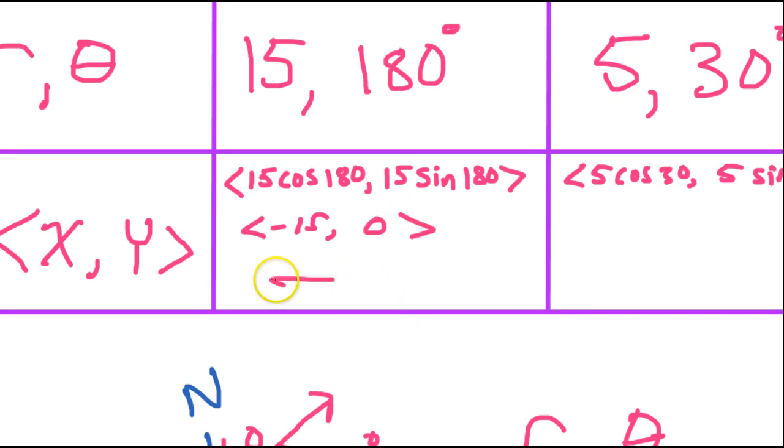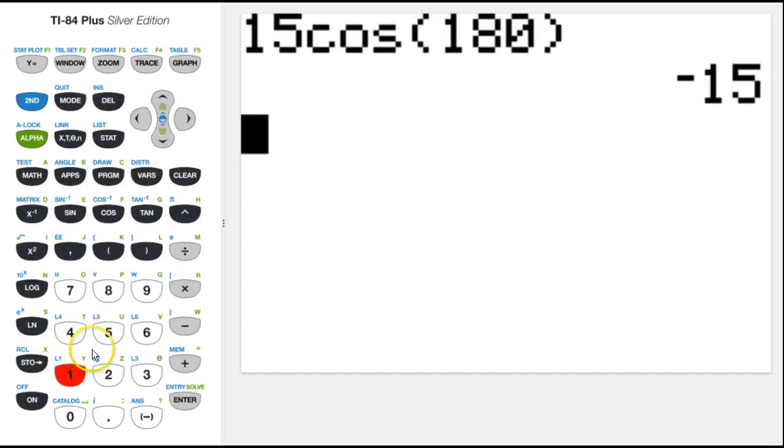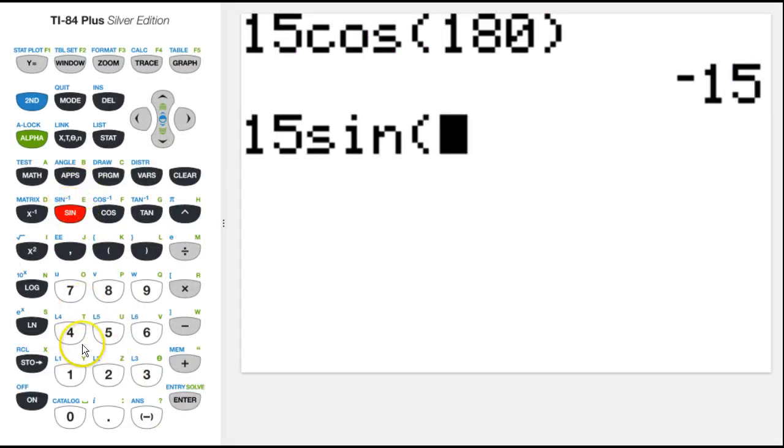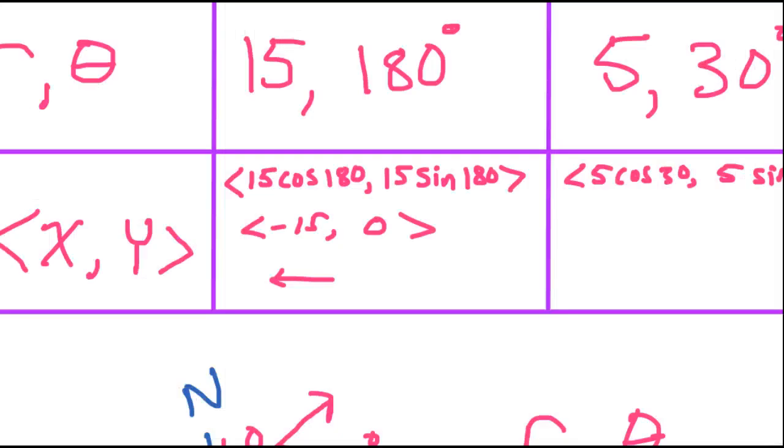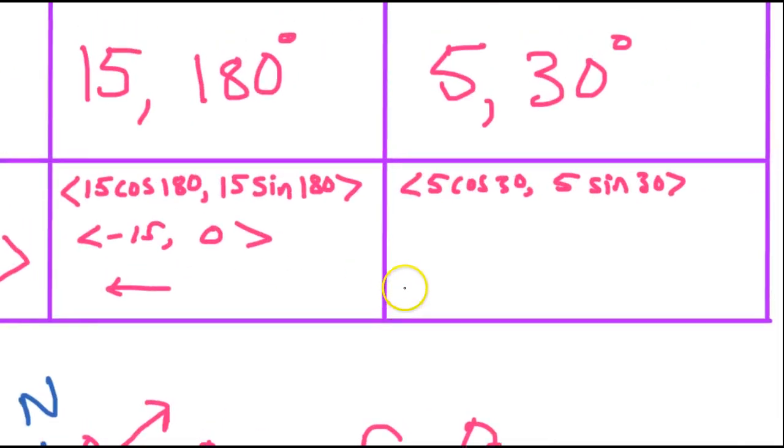Because it's only going to the left. It only has a horizontal component. There will be no vertical component. I mean, you could type it in your calculator if you want to feel silly. Go ahead and type in 15 sine 180. But when you see that the answer is 0, you're going to think, oh man, I knew that. There's no vertical component. Of course it's 0. Why did I type it in my calculator?